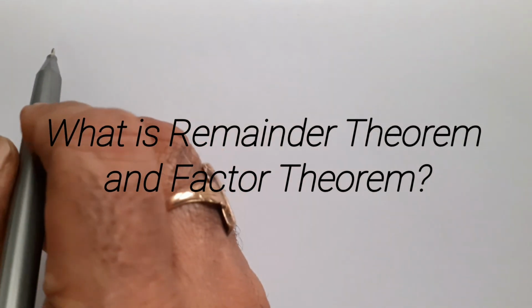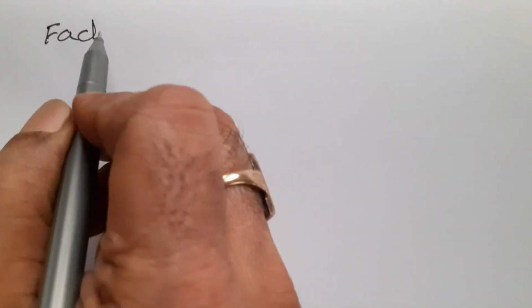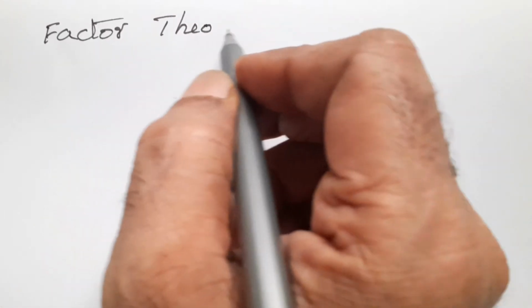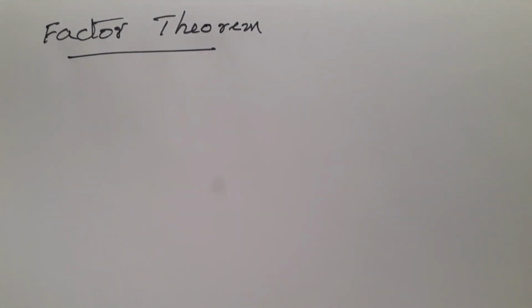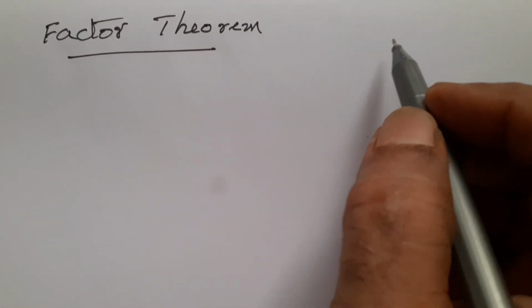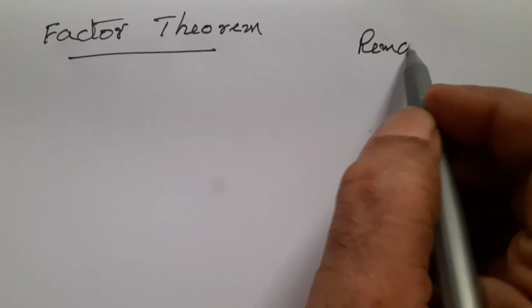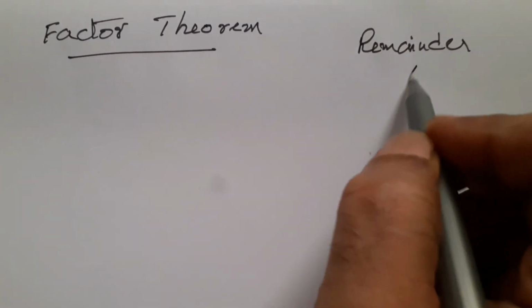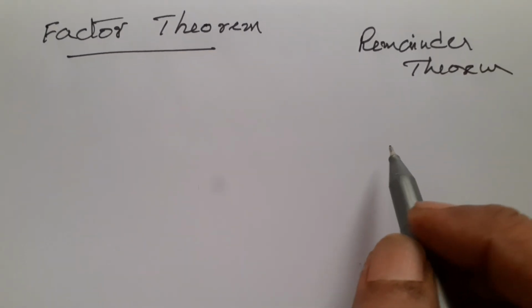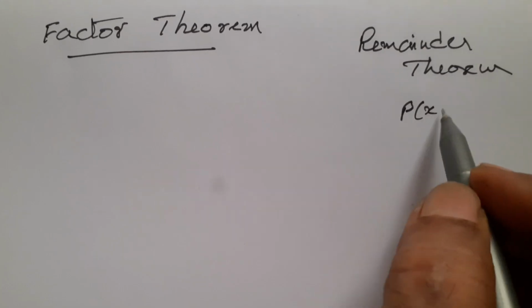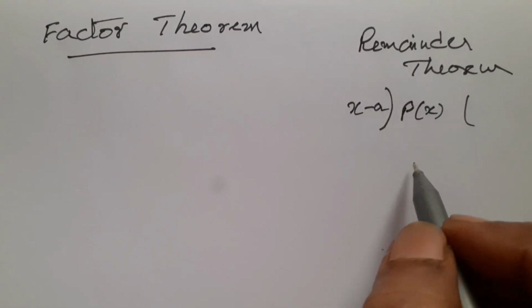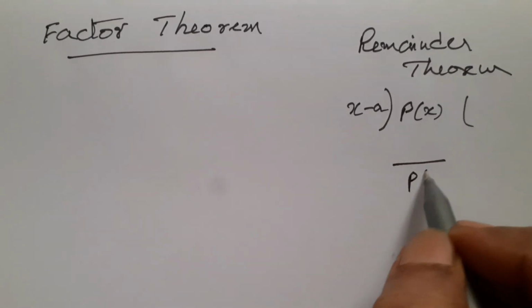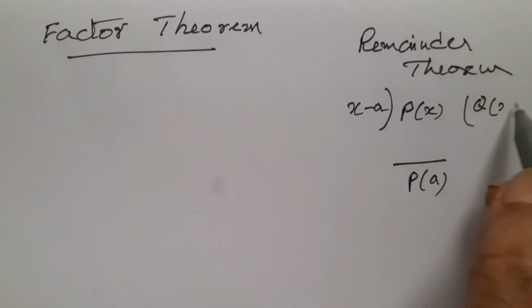Next, what are the remainder theorem and the factor theorem? Before the factor theorem, first let us see what the remainder theorem is. If p of x is an integral function, when it is divided by x minus a, it leaves remainder p of a, and the quotient is, let us say, q of x.